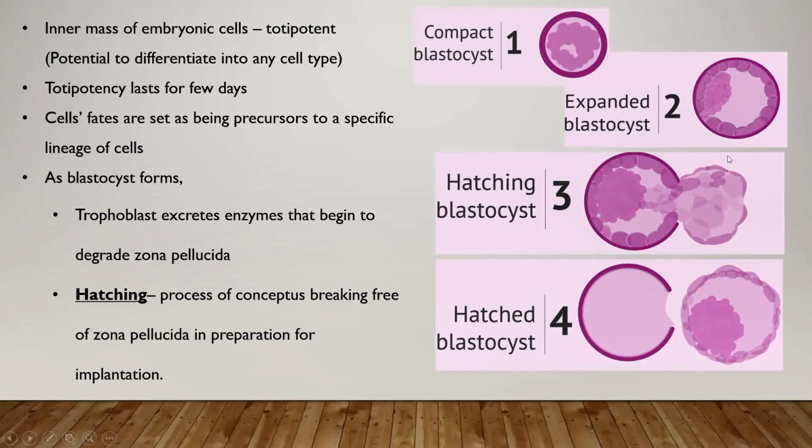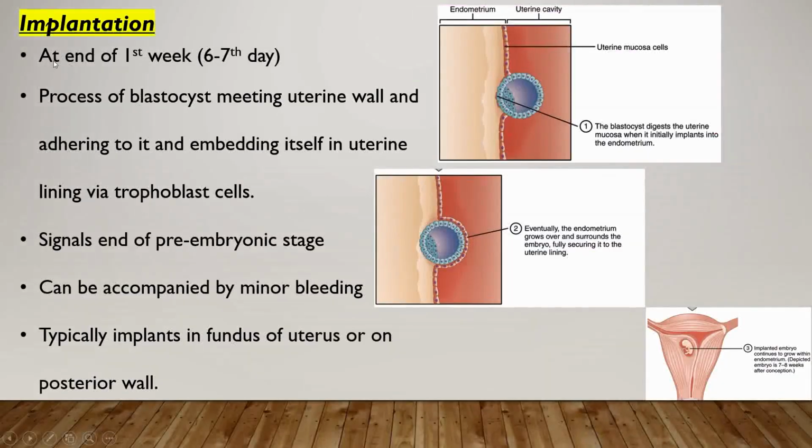When this blastocyst breaks the zona pellucida and it is hatched, hatched meaning it is coming out of the zona pellucida, then only will it be able to go for implantation. What is implantation? It is happening at the end of the first week, that means the 6th to 7th day post fertilization.